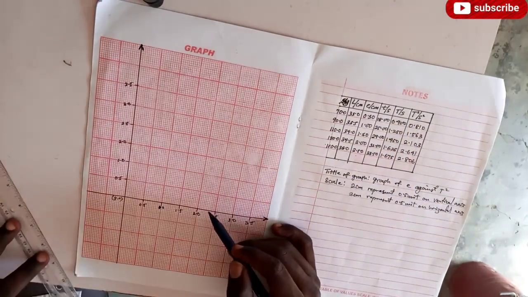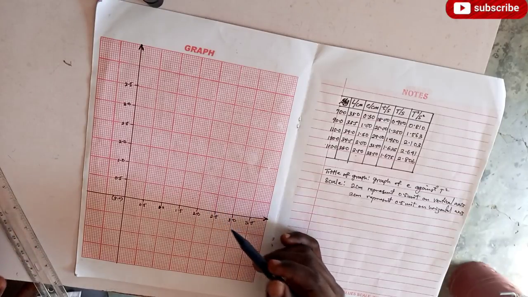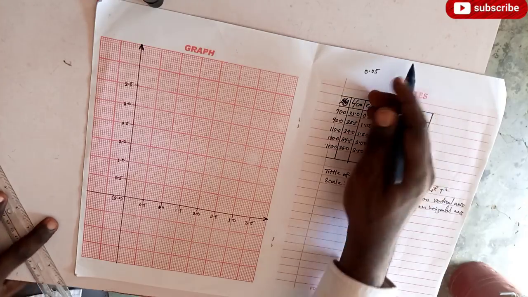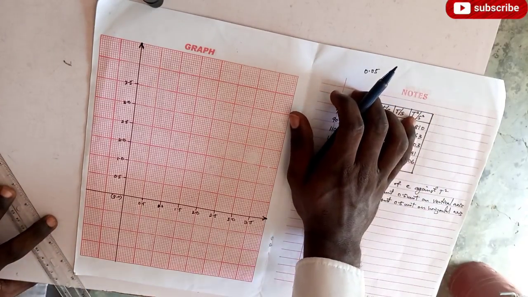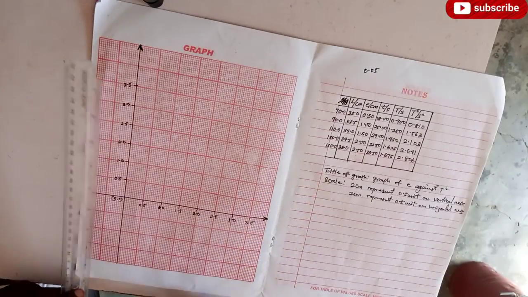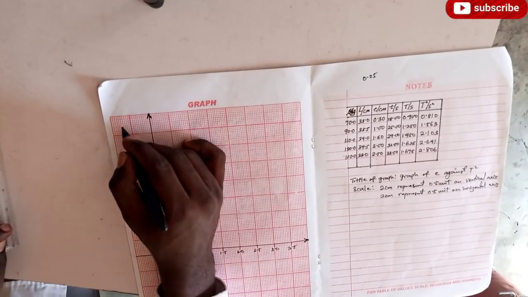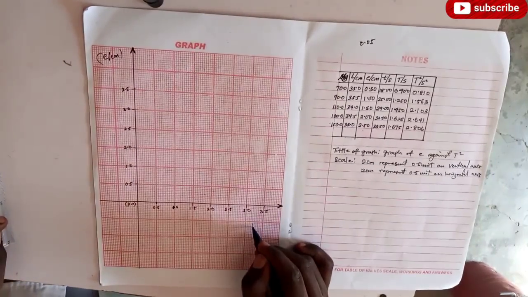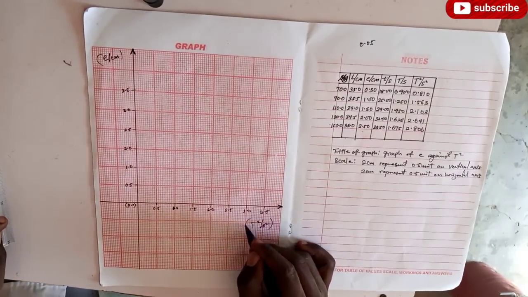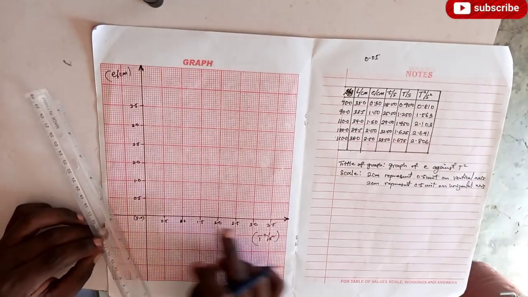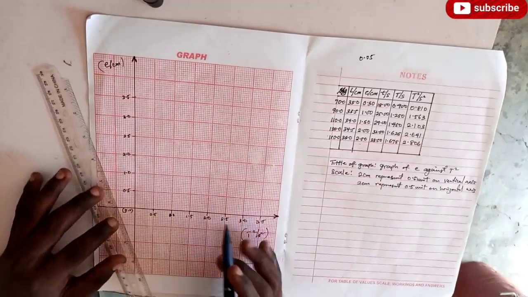When E is 0.5, our T square is 0.81, right? Remember, each of these small lines is equivalent to 0.05. Are we together now? You must have seen that in our previous video. So let's go on. This is our E in centimeter, and this is our T square in second square. So when this one is 0.5, this one is 0.81.